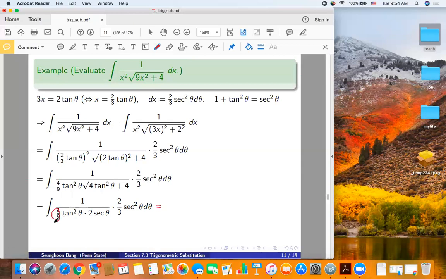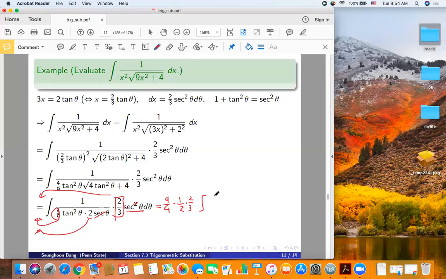Take out the 4 using the reciprocal, take out 2 using reciprocal 1 over 2, take out 2/3. So like this, in the integral, secant theta is crossed out.